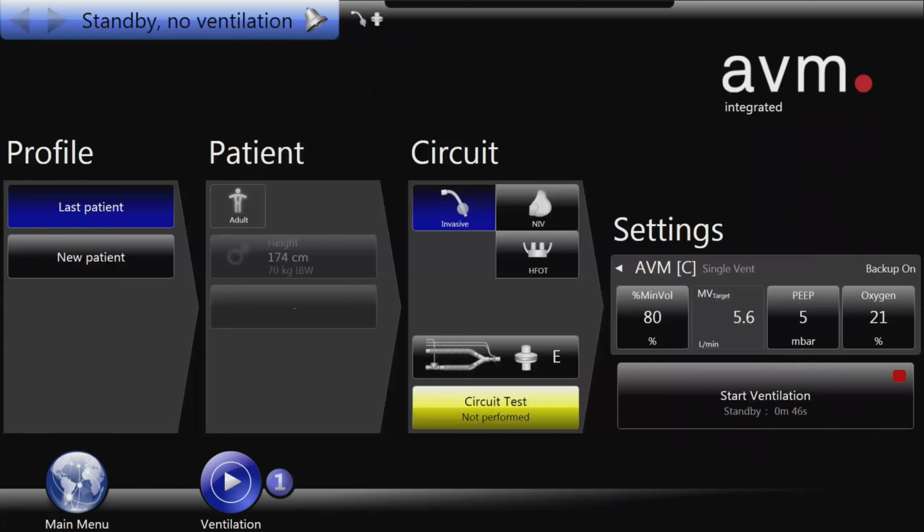And now I'm moving away from the breath rate. So I would just simulate.